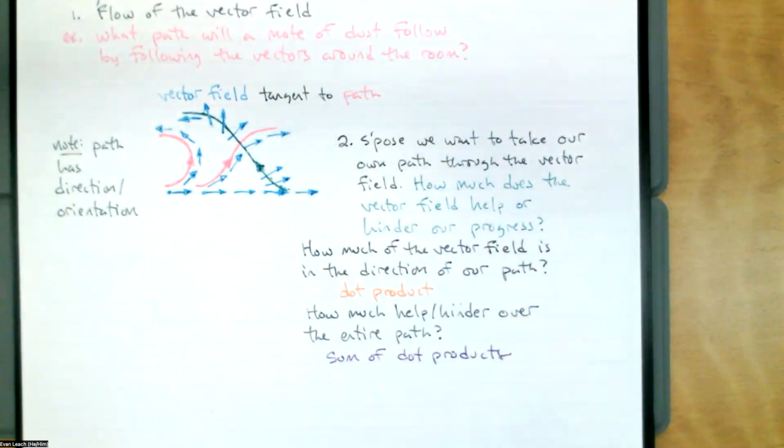Well, we'll just take all these dot products and add them together. The complication being that the vector field and our path are both things that are changing continuously. So when we want to add up all the results of these dot products, rather than just use addition with pluses in between a bunch of terms, we have to switch to integration.